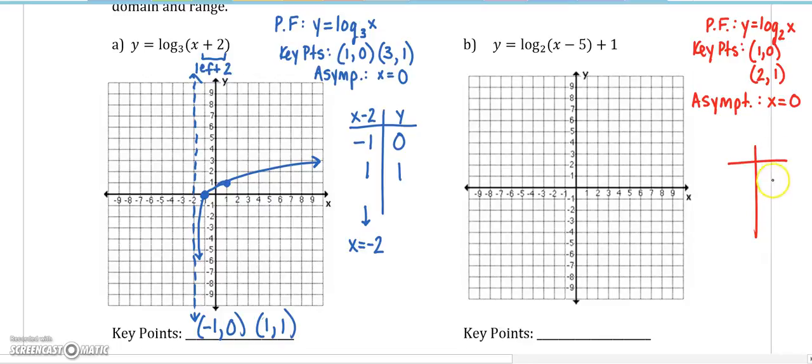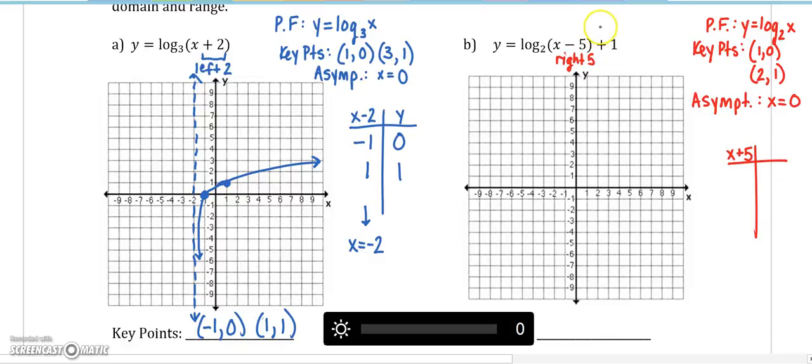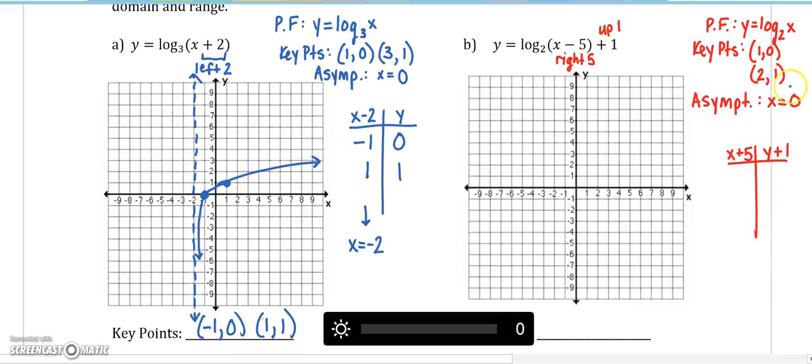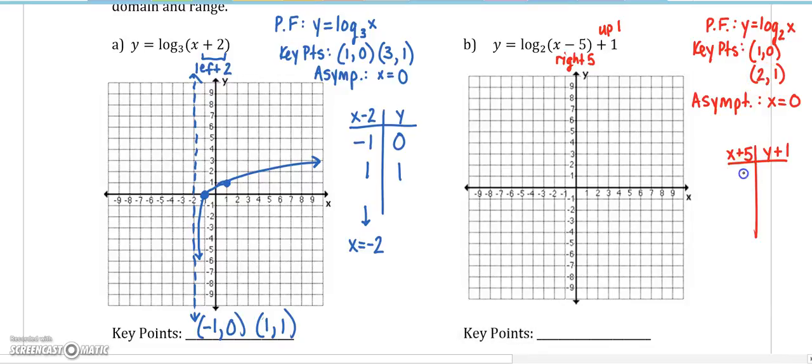So I take a look at my horizontal transformation. That's right 5. So that would be x plus 5. And my vertical transformation, that's up 1. So that would be y plus 1. So for my points, 1, 0 turns into 1 plus 5, so 6, 0 plus 1, which is 1.